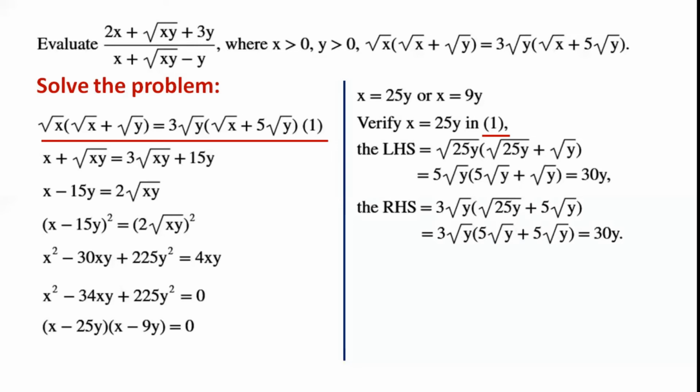The right-hand side equals 3√y times (√(25y) + 5√y), which can be written as 3√y times (5√y + 5√y) equals 30y. Thus, x equals 25y satisfies the original equation.